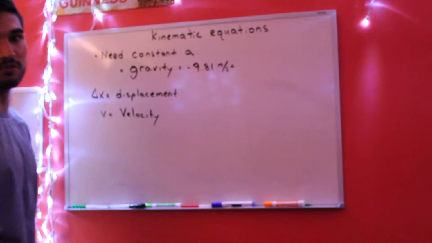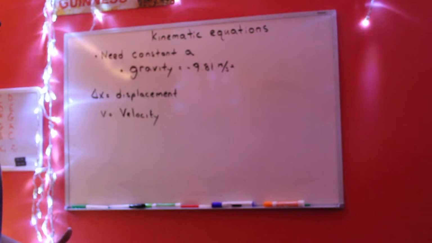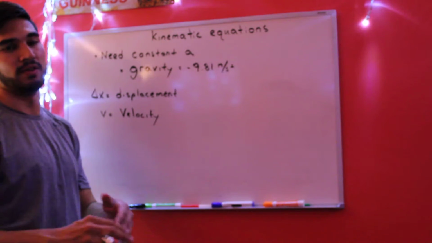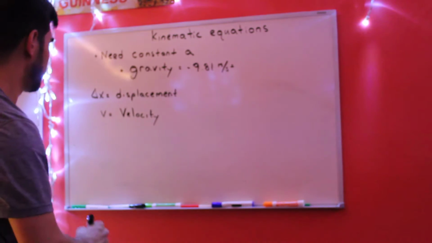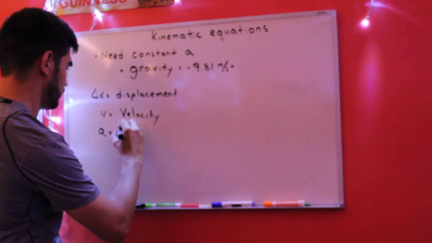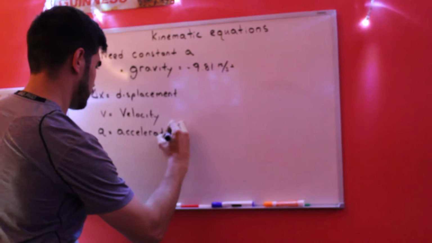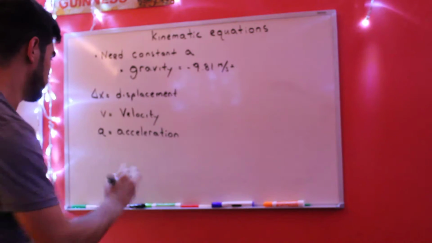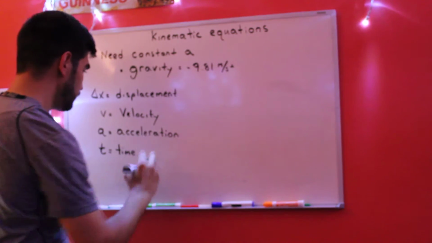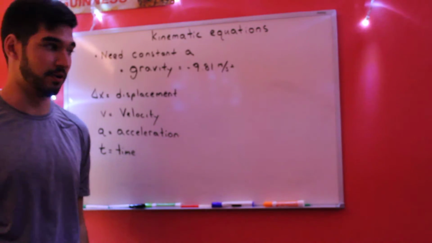The reason I removed the delta there is because that really represents the change in velocity, and we're going to be seeing velocity more as a final and initial value when the acceleration is constant. Then we have A, which is our acceleration. We have T, which is our time.